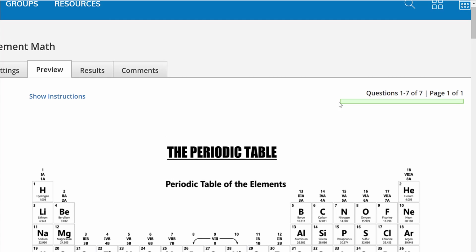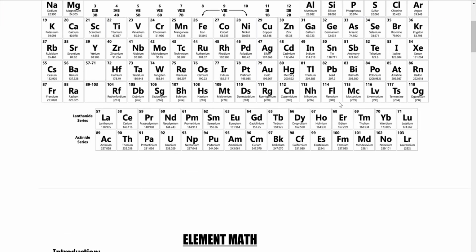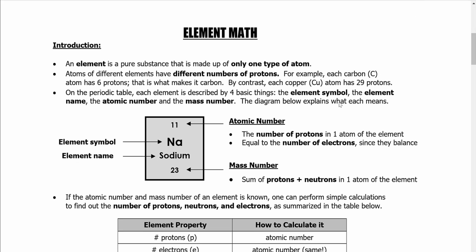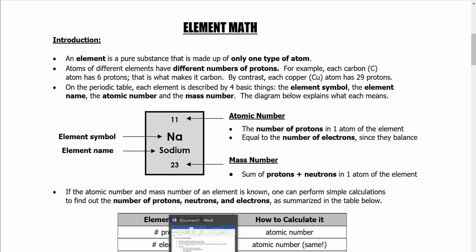And once again on this Elemental Math homework assignment, we have that summary. The atomic number is the number on top, and the mass number is the number on the bottom. The mass number is the sum of the number of protons plus the number of neutrons.